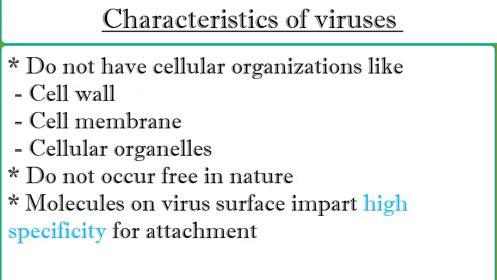Viruses do not have cellular organizations like cell wall, cell membrane, and cellular organelles, even ribosomes. They do not occur free in nature. Molecules on virus surface impart high specificity for attachment to host cells, the reason why most viruses are host specific.